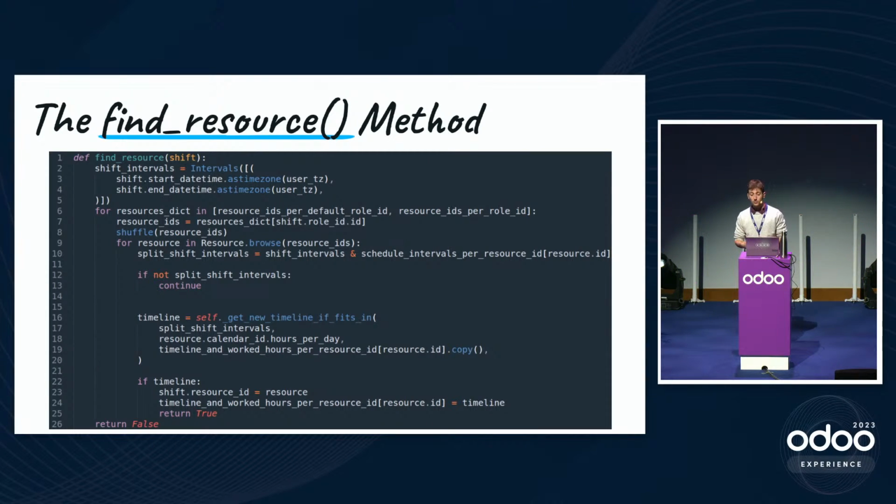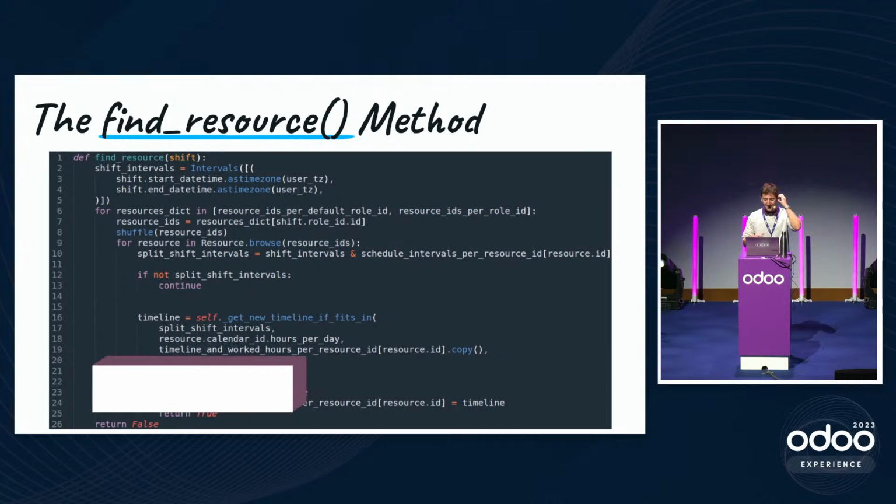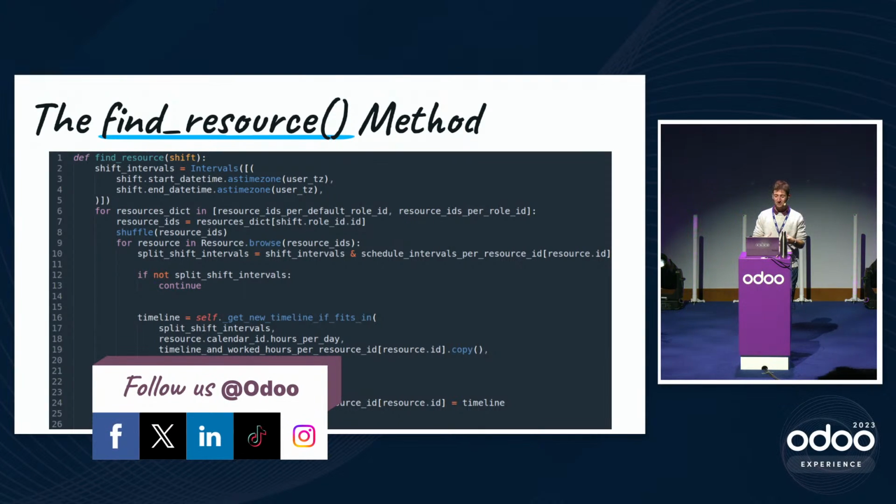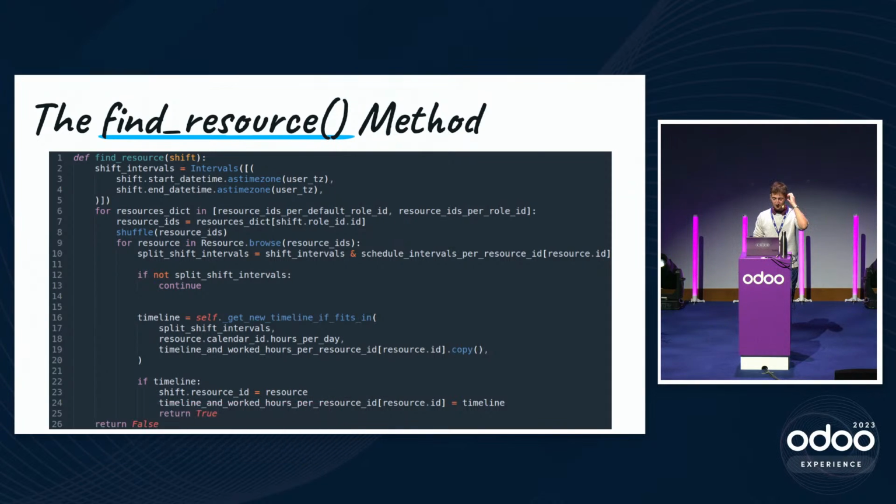If that's the case, we call continue and just skip this resource. But if the split shift intervals is populated with something, then we continue with the execution.